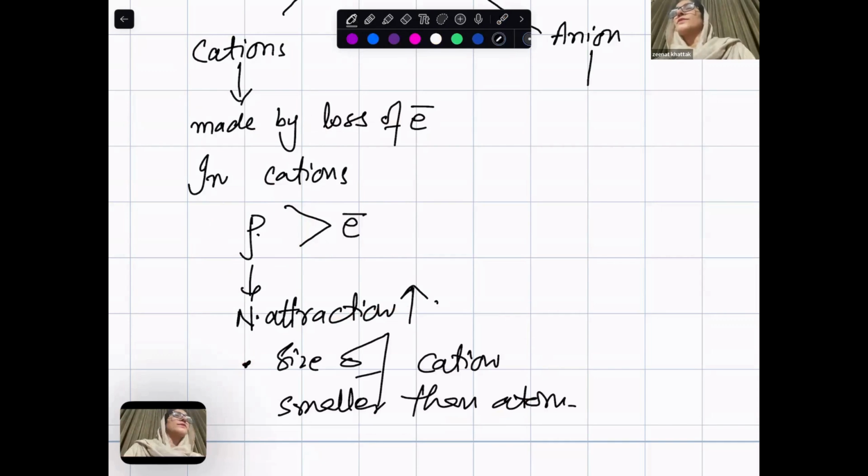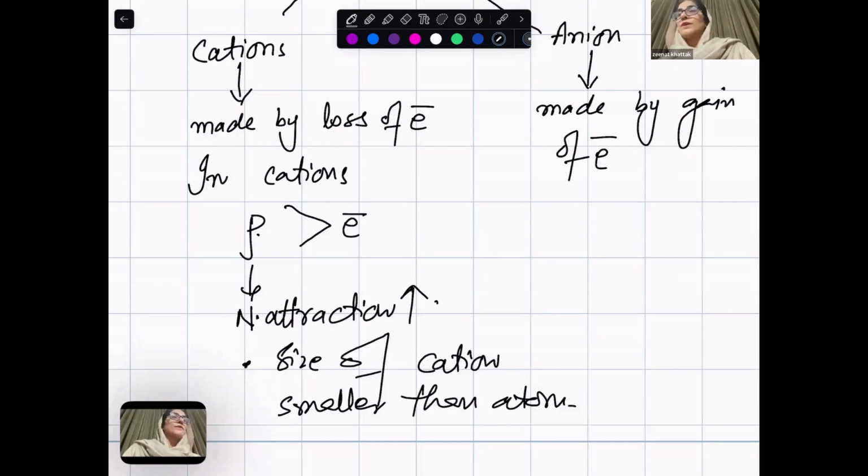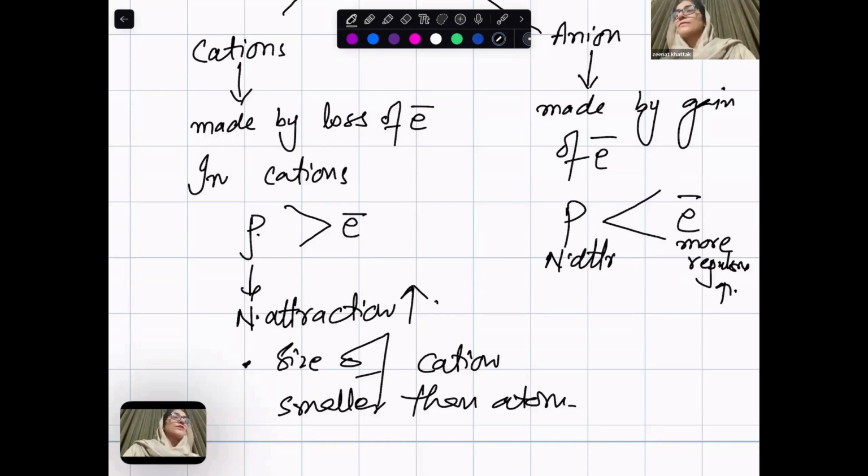Anions are made by gain of electron. So protons are less than electrons. Electrons more, repulsion more, nuclear attraction less.